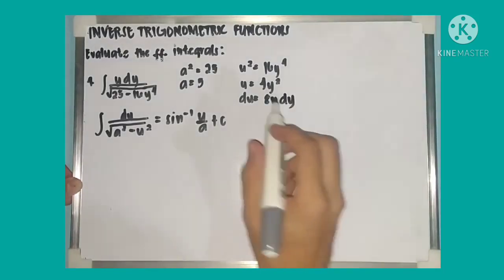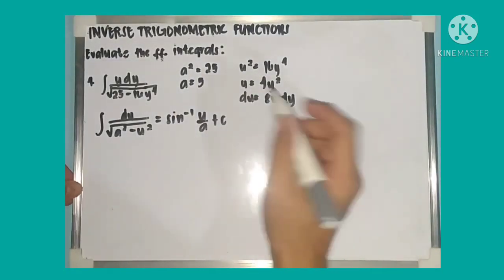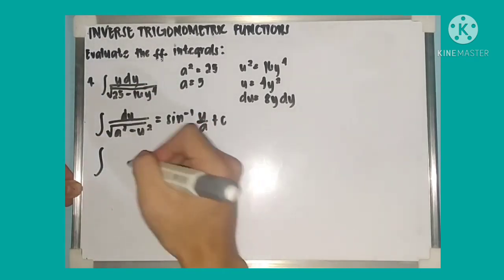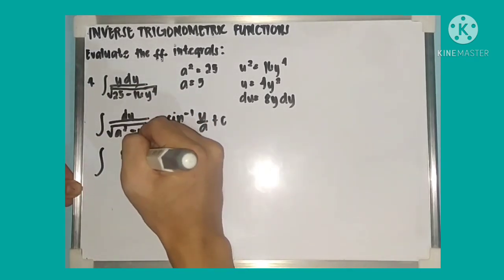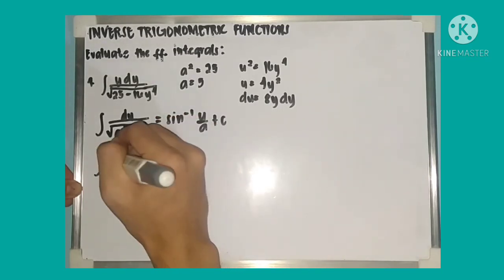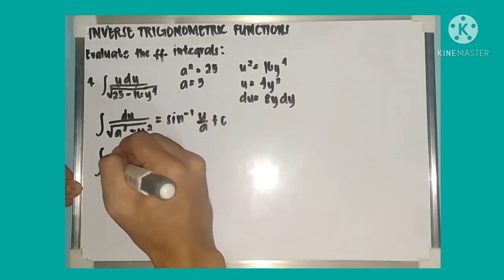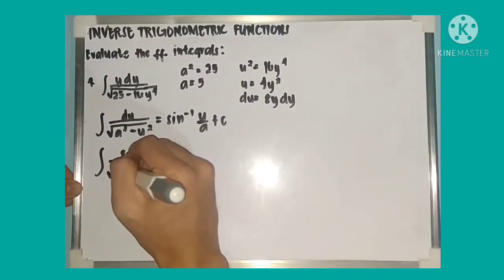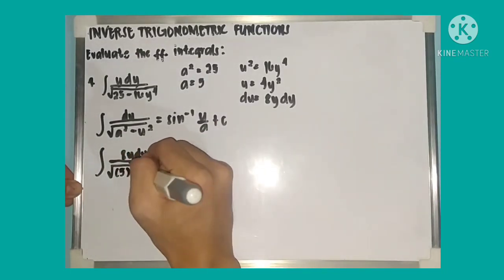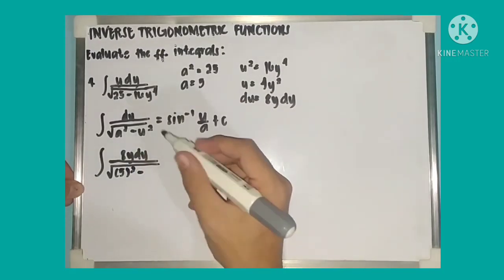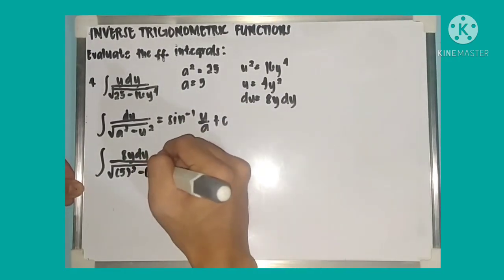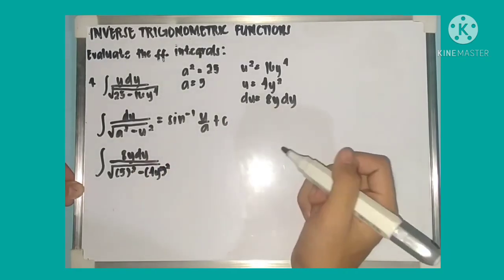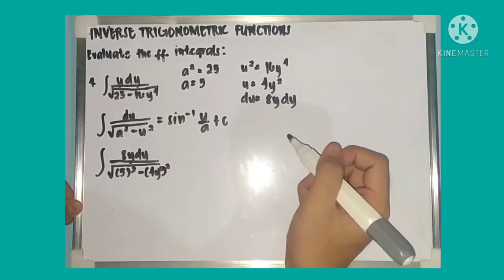And then, apply natin to sa equation ng arcsine. So, du natin is equals to 8y dy all over the square root of a natin, which is 5 squared minus u natin, 4y squared raised to 2.